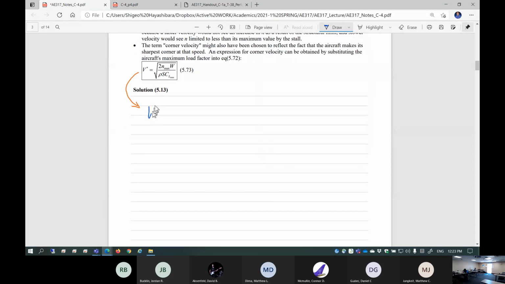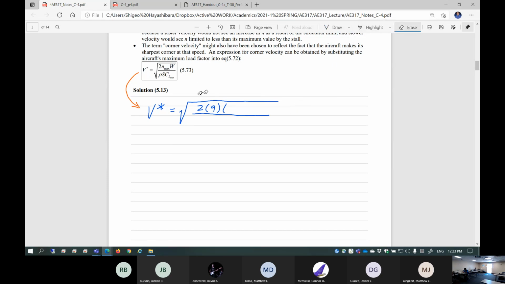So corner velocity V star is equal to the square root of 2 times n max. The weight of the airplane is not given. Weight over the area is given.